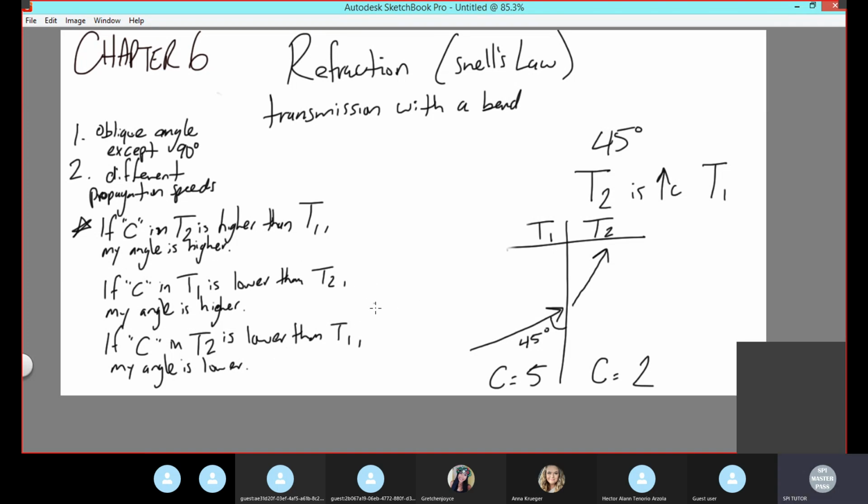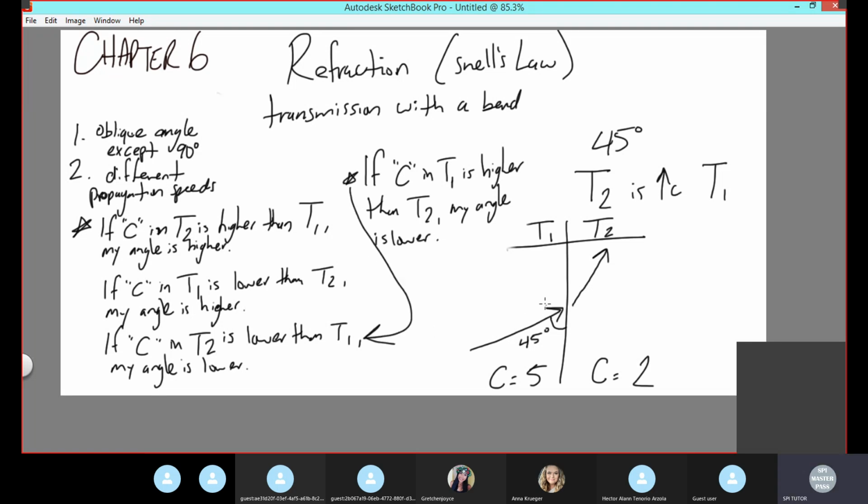Now let's look at it from the perspective of tissue 1. If propagation speed in tissue 1 is higher than tissue 2, my angle, again, doesn't change, is lower. Because this right here is the same thing as this, which is what we did from here to here.